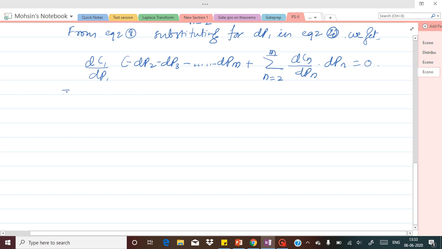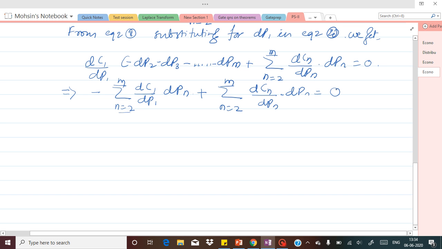By taking the negative outside, I can write this as dc1 by dp1 into summation of dpn, where n equal to 2 to m. dc1 by dp1 is a constant, so 2, 3, so on up to m can be obtained with the help of this summation, and the negative sign is kept outside. And the remaining term is summation n equal to 2 to m of dcn by dpn into dpn equal to 0.